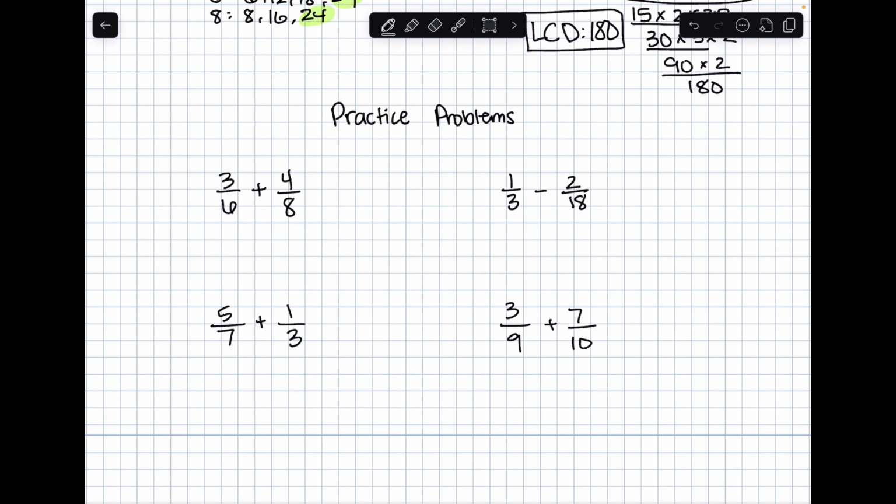All right, so this first one, we've got 6 and 8. I know that 6 and 8 are both even numbers, so I know that they share a common factor. So that means that I am going to need to figure out what the least common multiple is.